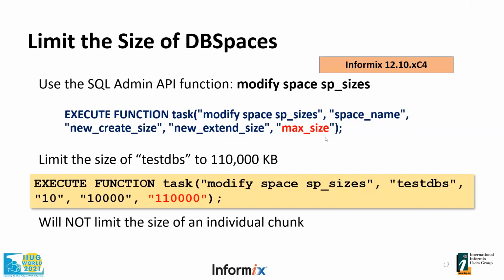Here we're setting a maximum size of that DB space. Up until that point, the chunks can expand until it hits this maximum. Again, this is at the DB space level, and it doesn't limit the size of an individual chunk. So if you've got chunks on different file systems, for example, you can't say have this chunk go up to this size and this chunk go up to this other size. It's all at the DB space level.